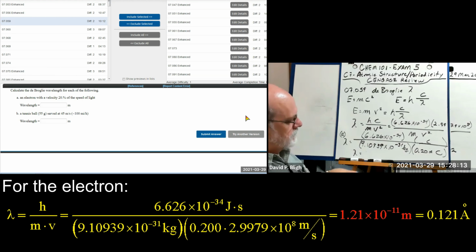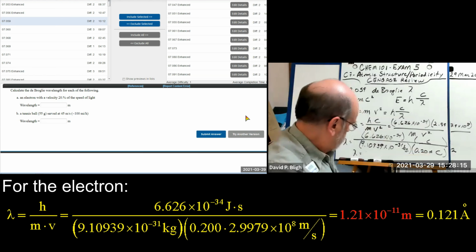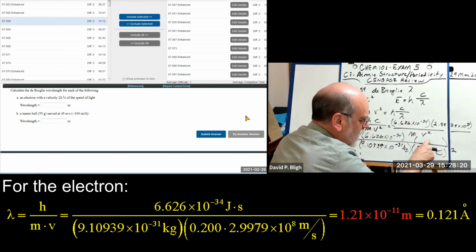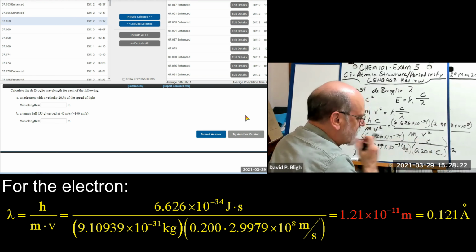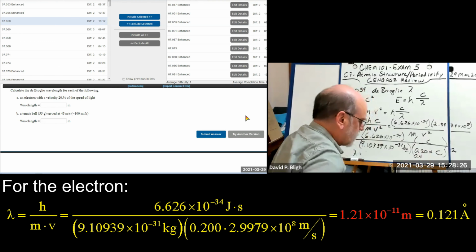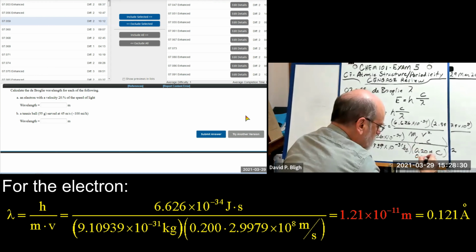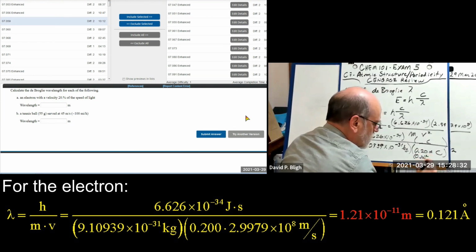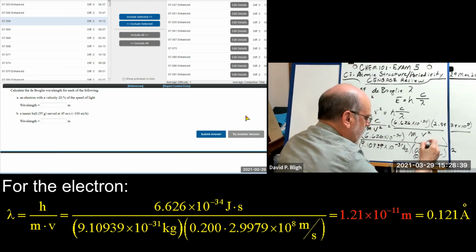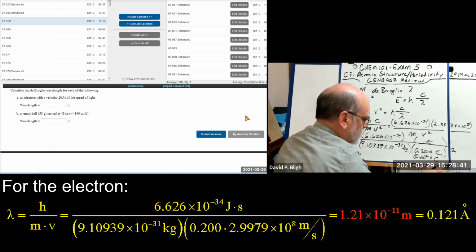So now, if this one is squared and that one's not, then this one is going to be 0.2 squared. And this is going to be times C, and that's going to cancel. And this will cancel.